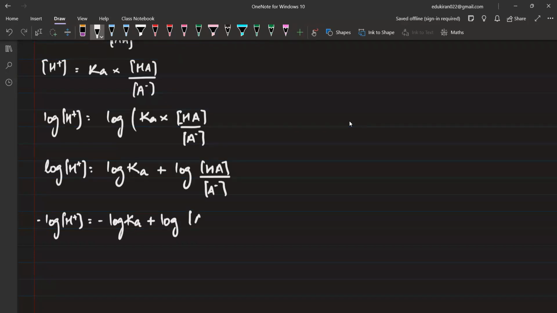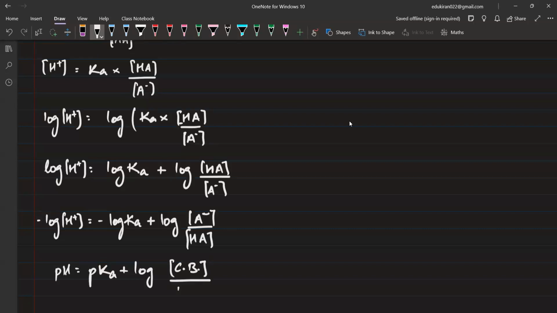So plus log of the conjugate base upon the acid. So minus log of H plus is nothing but the pH, minus log of Ka is nothing but pKa, plus log of concentration of conjugate base divided by the concentration of acid.